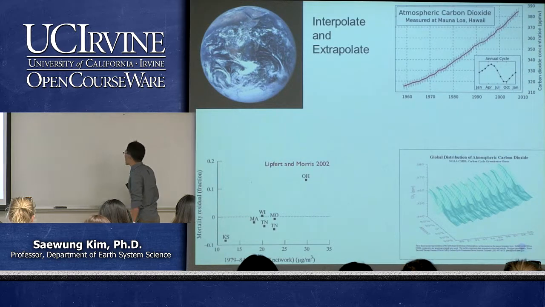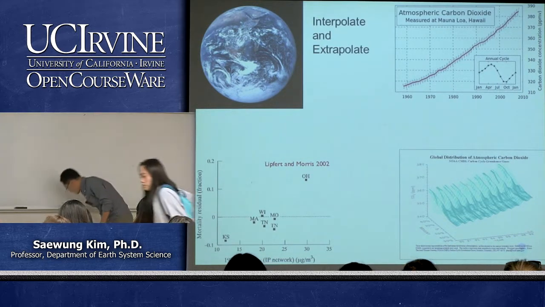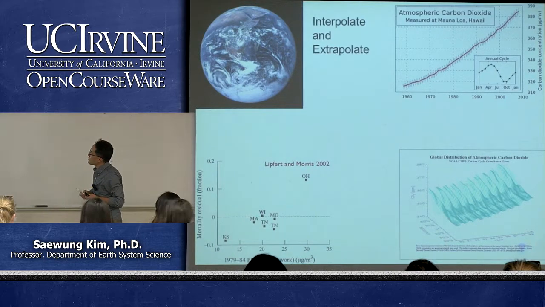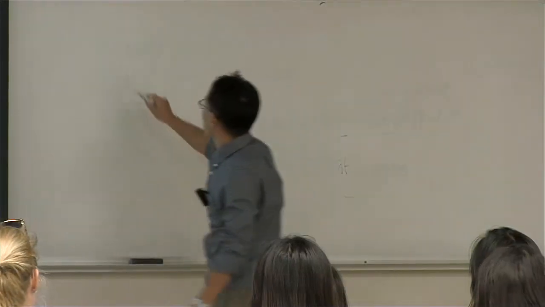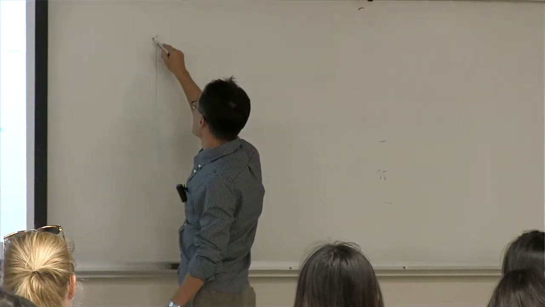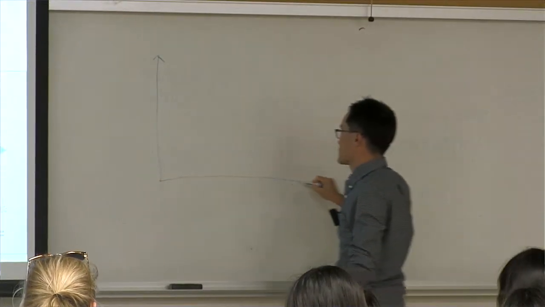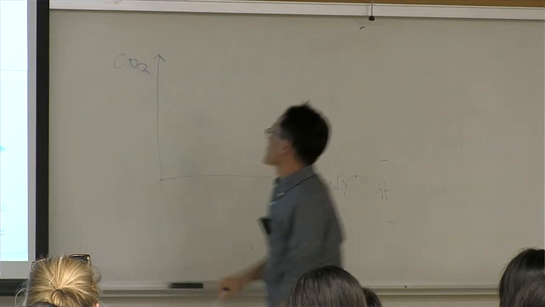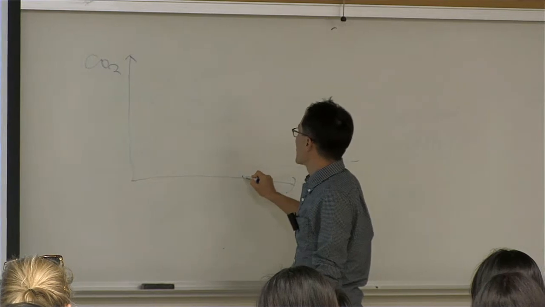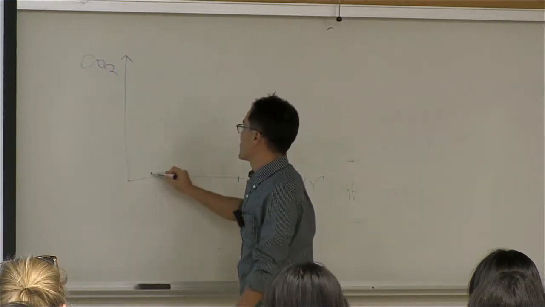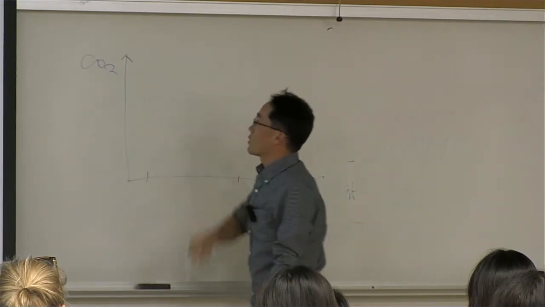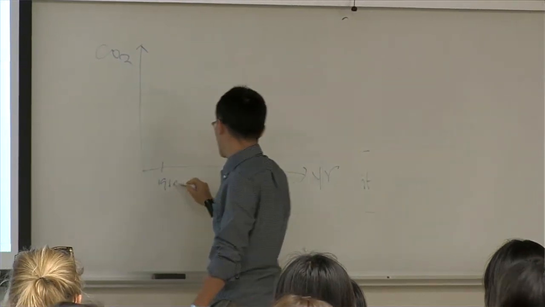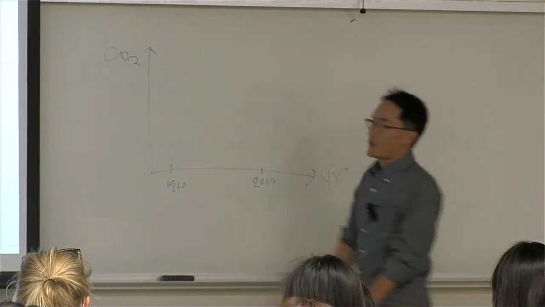Yep, 50 years. So maybe you can make a simple prediction using this plot, right? So this is CO2 concentration, this is year, and then CO2. And then we have observation data from 2010 all the way down to 1960, right? 2010, right here.